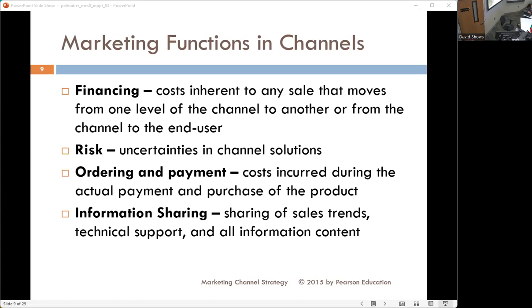The costs associated with performing channel functions demands that you do not perform unnecessarily well. Now, what does all of that folderol mean?